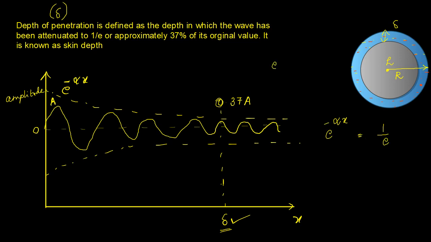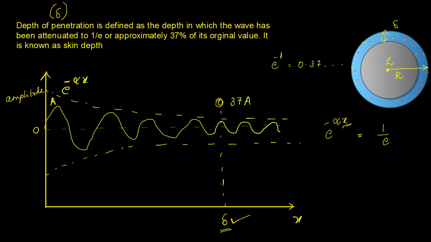So e power minus 1 is 0.37 something, so that's why it is 37%, 1 by e. The point at which it reaches that value is called delta. This is the distance at which the amplitude of the wave is decreased to 0.37 times the initial value.